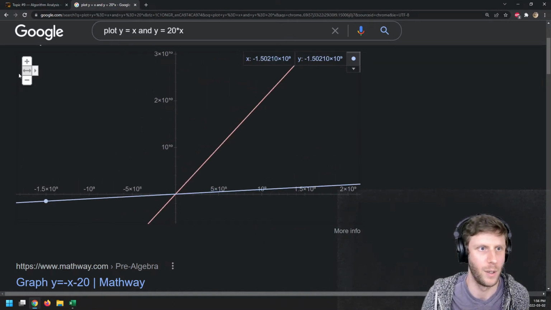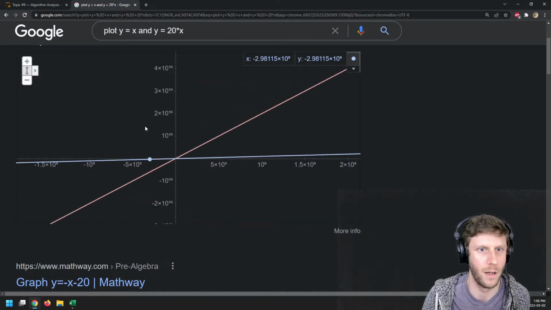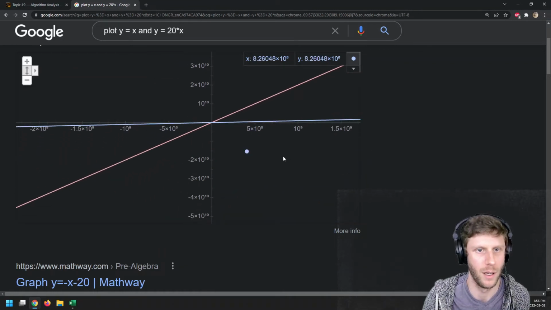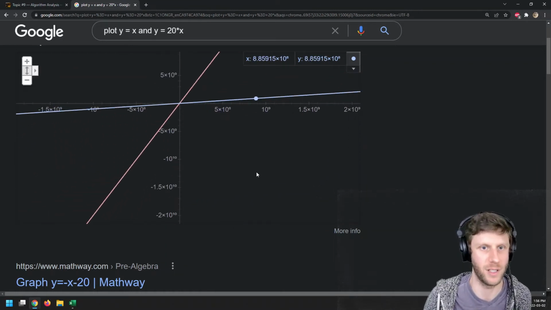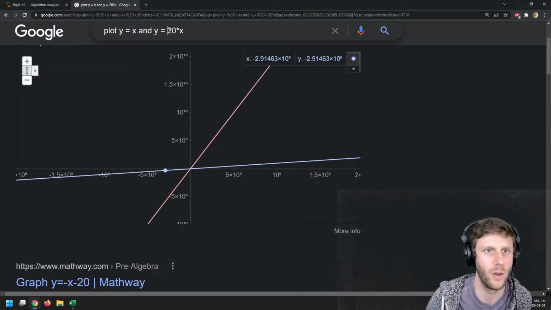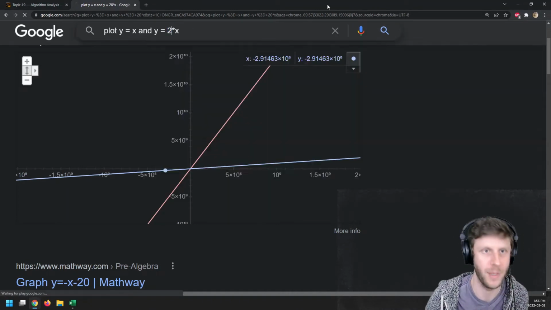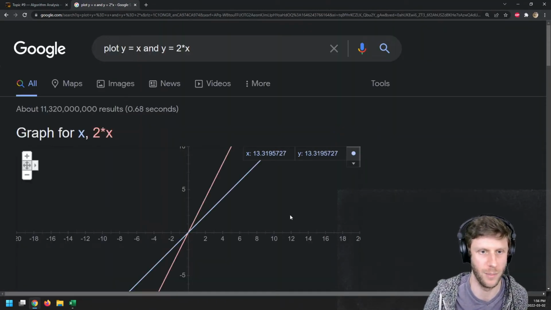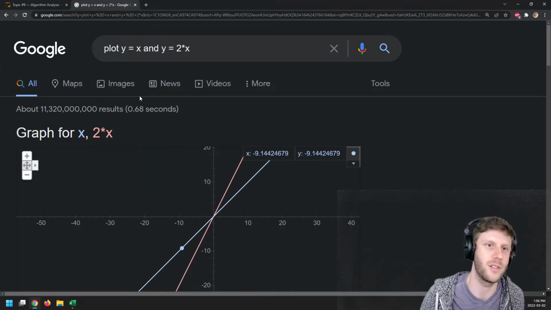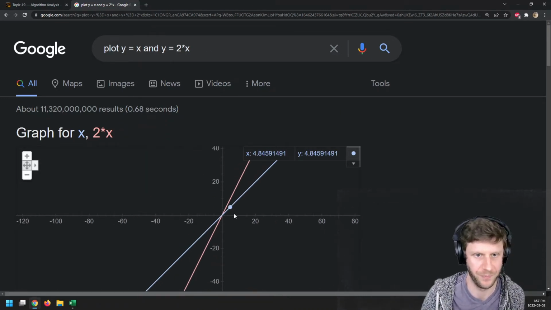The scale makes this difficult to see. You know what? Let's make it a little easier. I'm just going to make it times 2, just to give you a better sense. So here's y equals x versus y equals 2 times x.